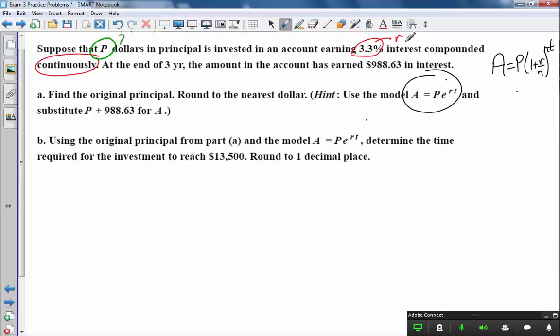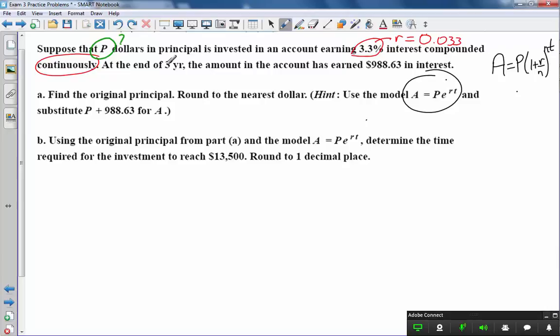However, we like r in decimal value, not in percentage. So you need to change this quickly into decimal, which is 0.033. Yeah, I was missing a 0. This is the right value, so when you're using it in the equation, that's what you need to enter.